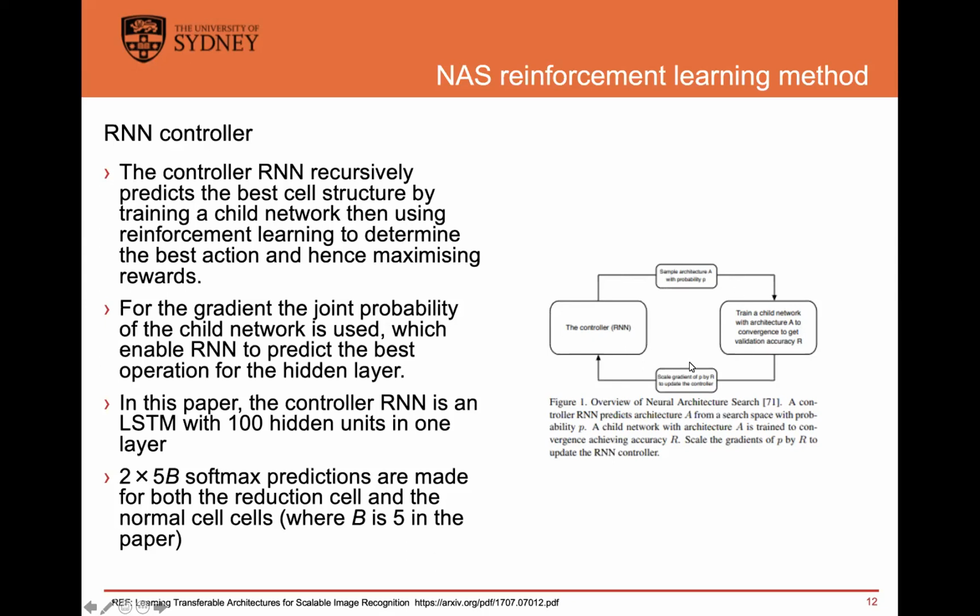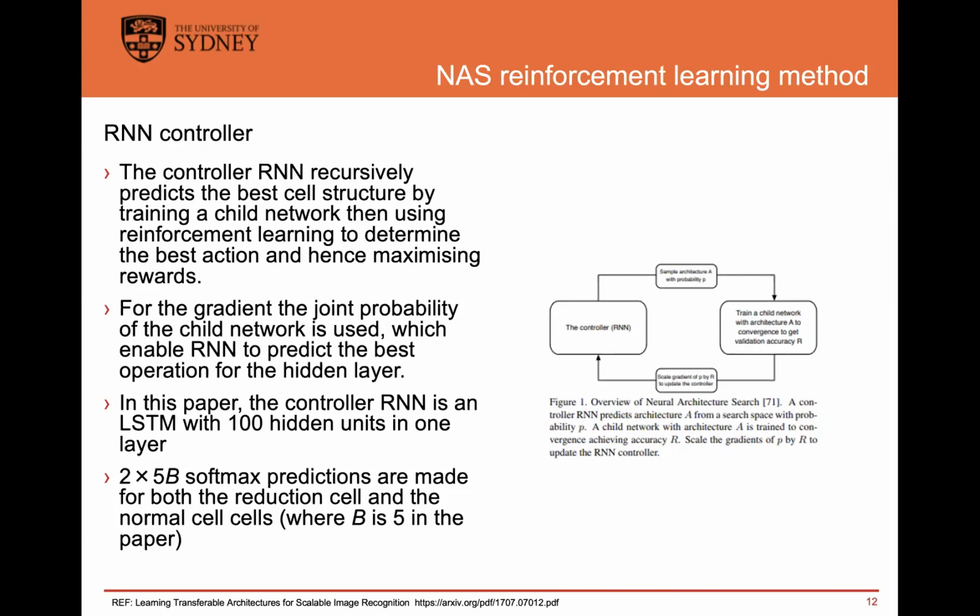So you go through it again and again until they reach a point where, at least for them, they didn't have a controller that automatically stops. So what they did is they stopped at, I think, 1,000 searches, and then they just concatenate all the child networks and then train on the child network.